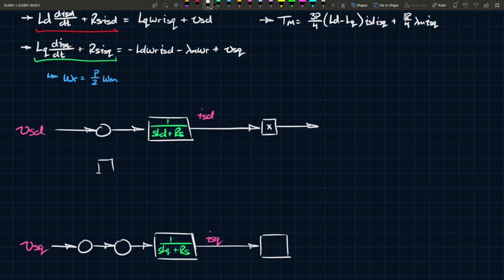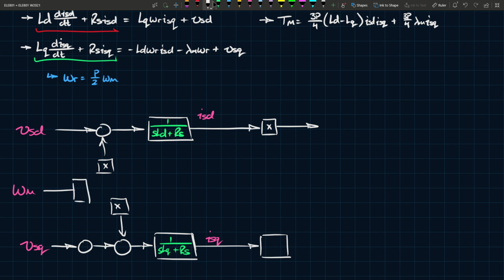So here we'll have two multiplier blocks. I would have liked to line them up, but that's okay. There's a multiplier here, and there's a multiplier here. The result of this multiplier goes there, and the result of this multiplier goes there. You also have omega m coming in, because omega m needs to be part of your machine model.